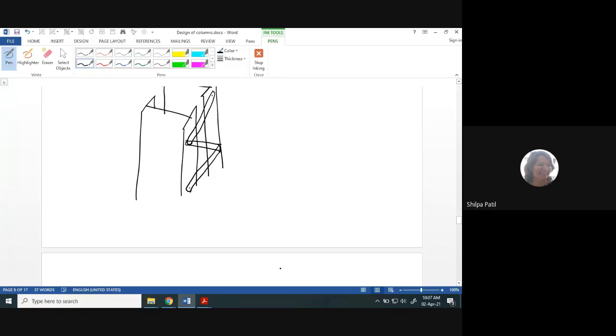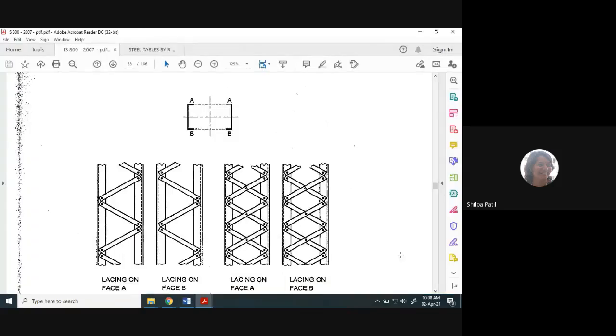This is the important connection: lacing system or battening system.